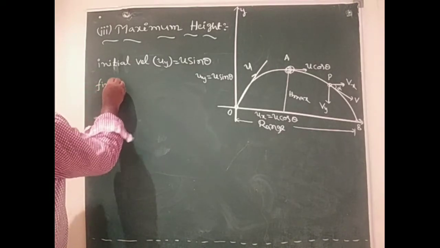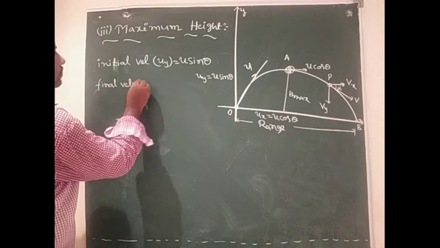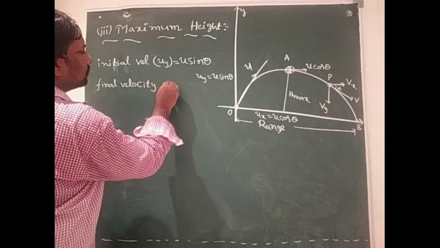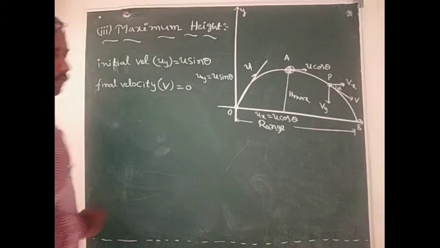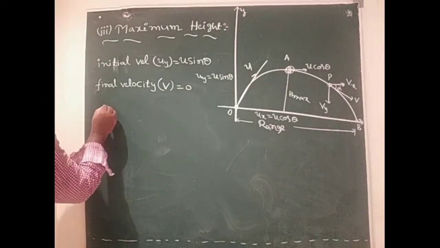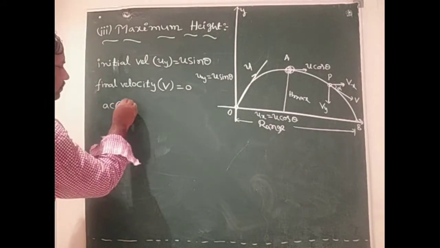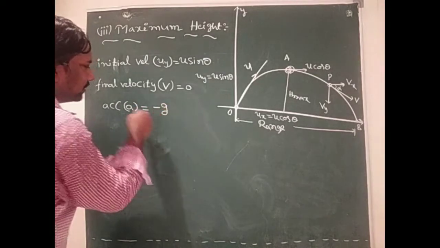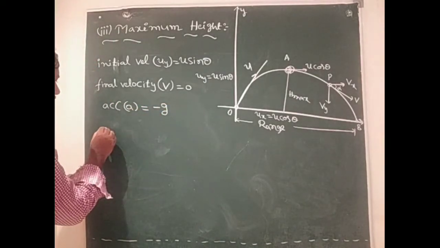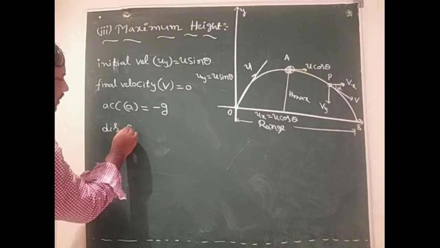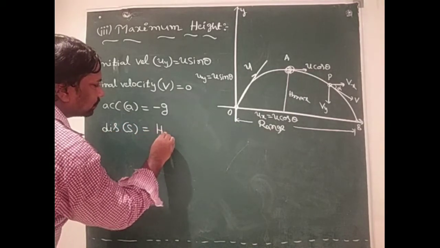So final velocity v equal to 0, acceleration equal to minus g, displacement s equal to h max.